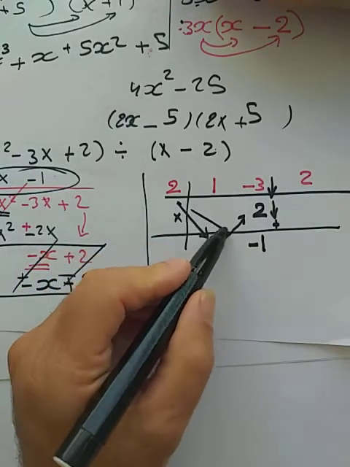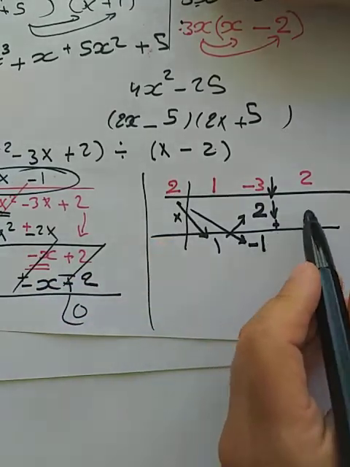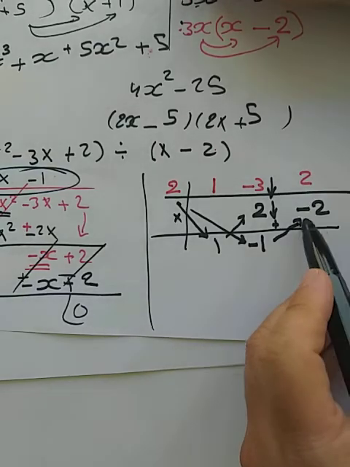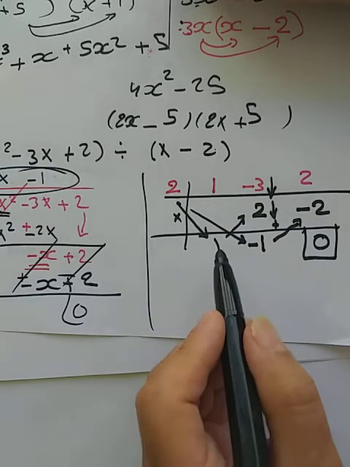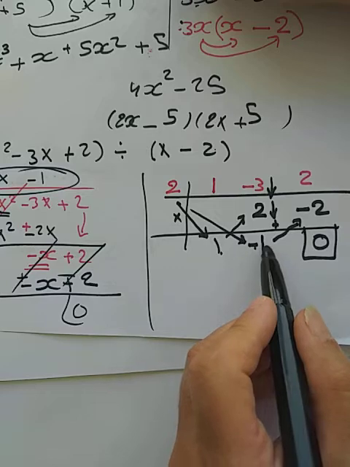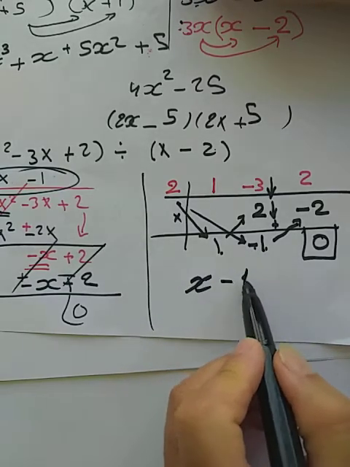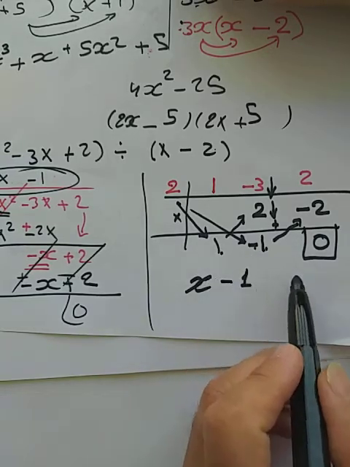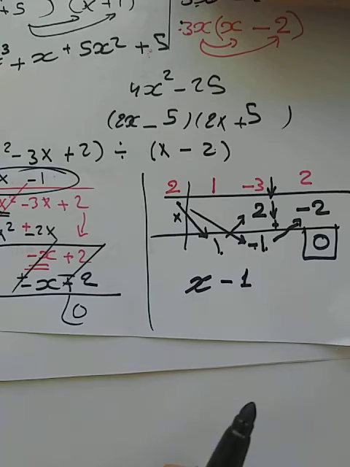Again multiply this one by this answer. 2 times minus 1 is equal to minus 2 and you write the answer here. 2 minus 2 is 0. What's the answer? 1 minus 1, meaning x and minus 1. How many terms do we have? x to power 1 then x to power 0. This is by synthetic division.